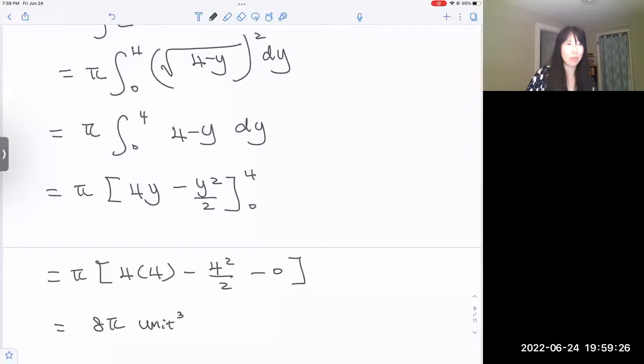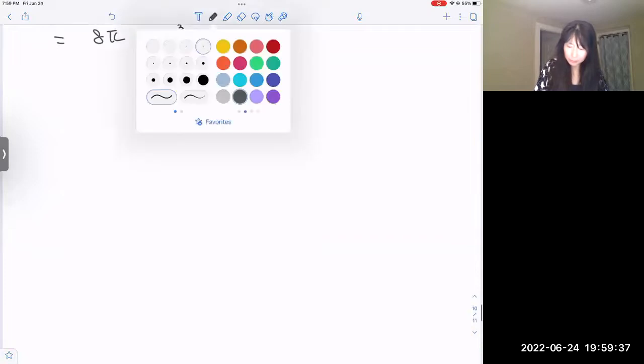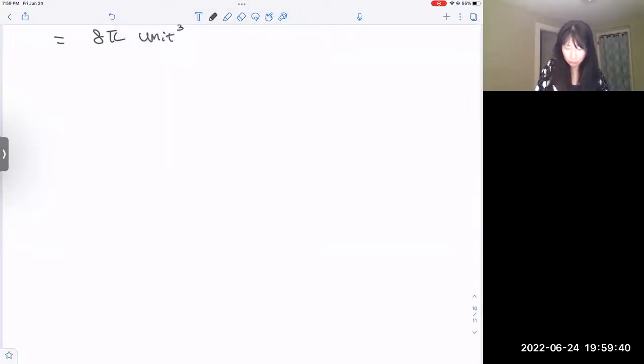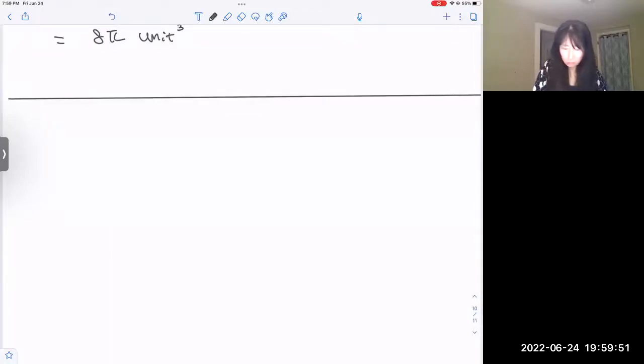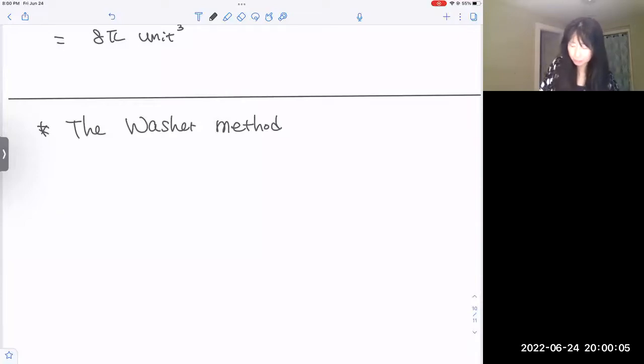Now we have the washer method. Okay, they say that we are using this method when the solid of revolution has a cavity in the middle.